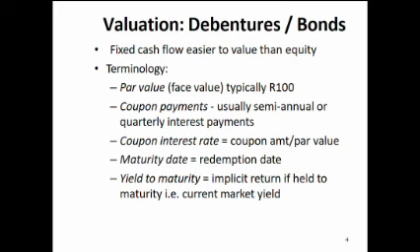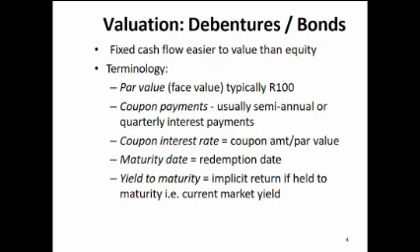Coupon payments are the fixed interest payments that the company is required to make on the bonds. These can be semi-annual or quarterly, or they could be annual payments. The coupon interest rate is determined by taking the coupon payment divided by the par value.